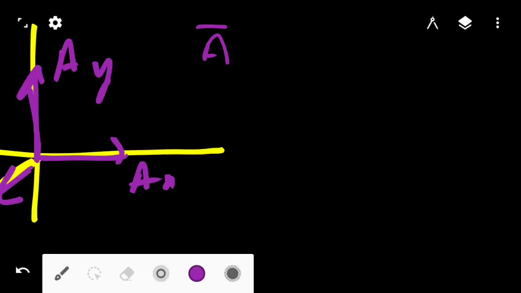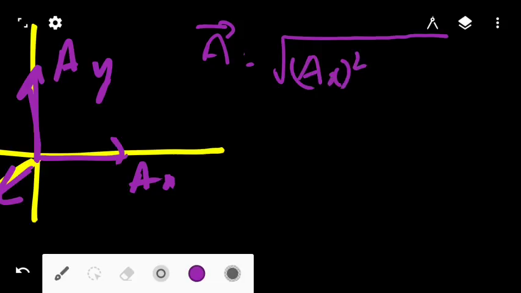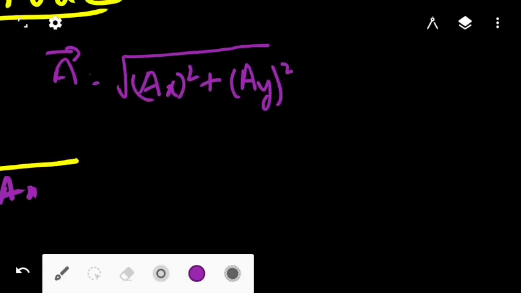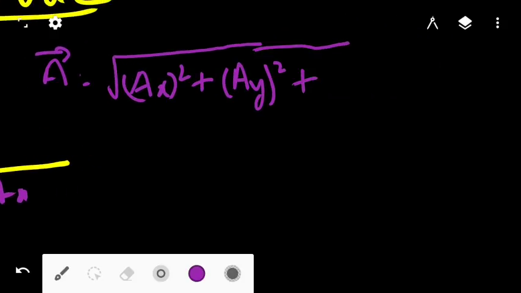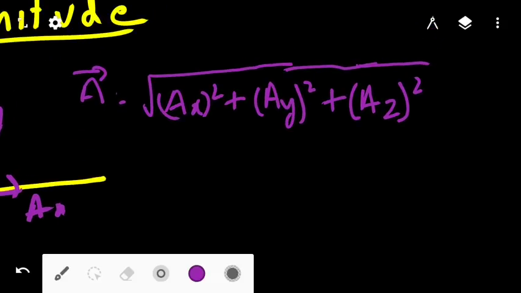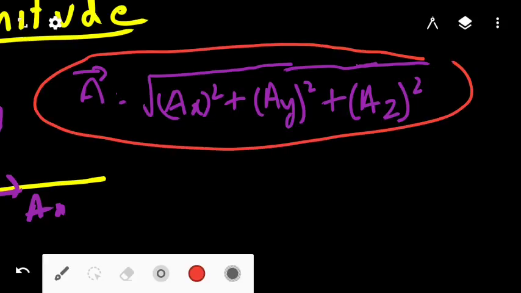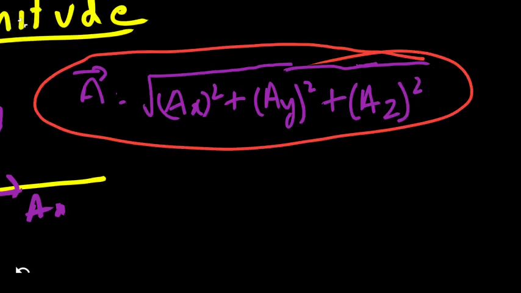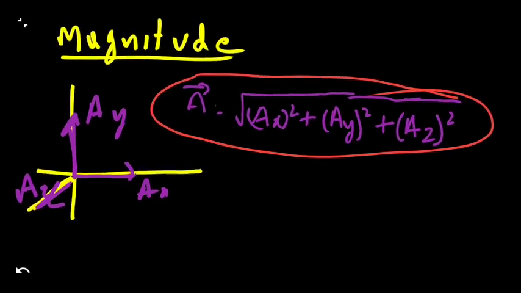The magnitude will be the root of the x component squared plus the y component squared, and you get the idea, plus the z component squared. This formula is how you find the magnitude of a vector if it has been given in its unit vector form.